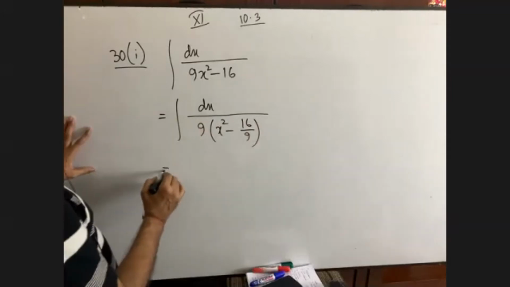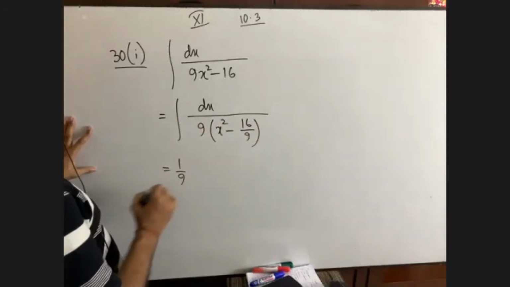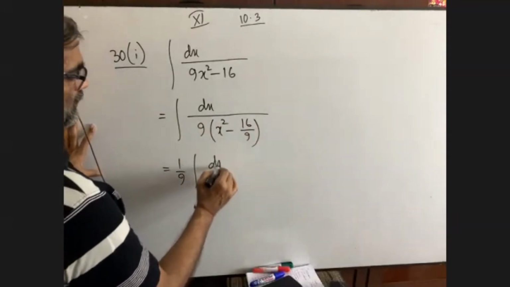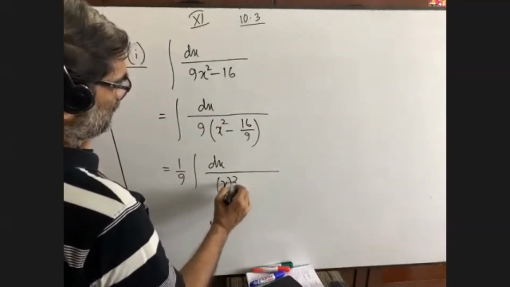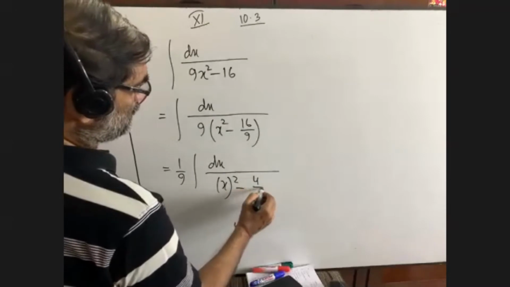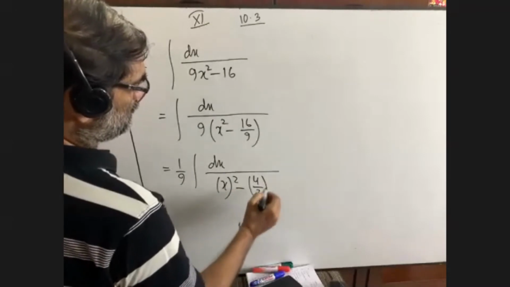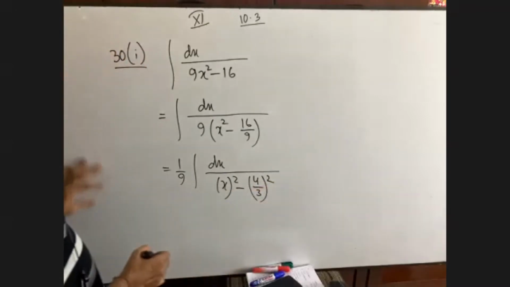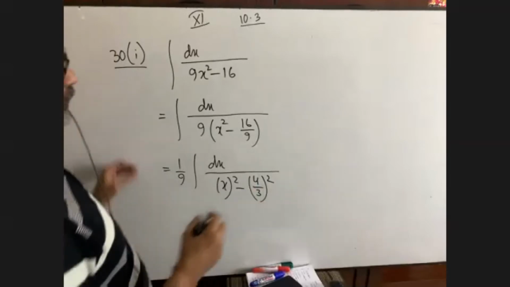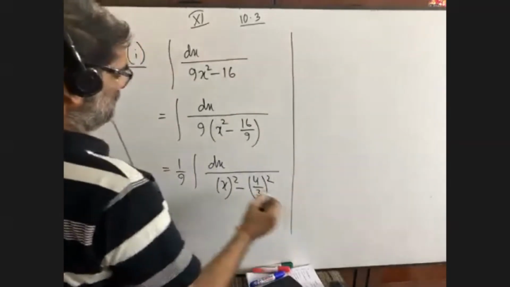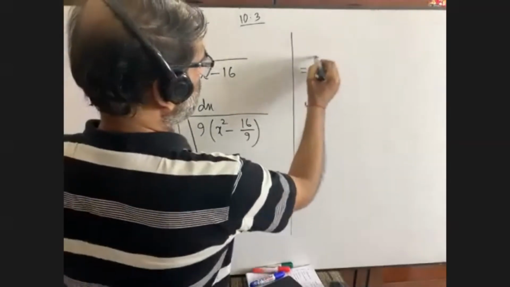That is, we are getting 1 by 9, dx. Now it is a square minus... let me know what is the formula. Who can tell me? It is 1 by 9, okay, keep it as it is.